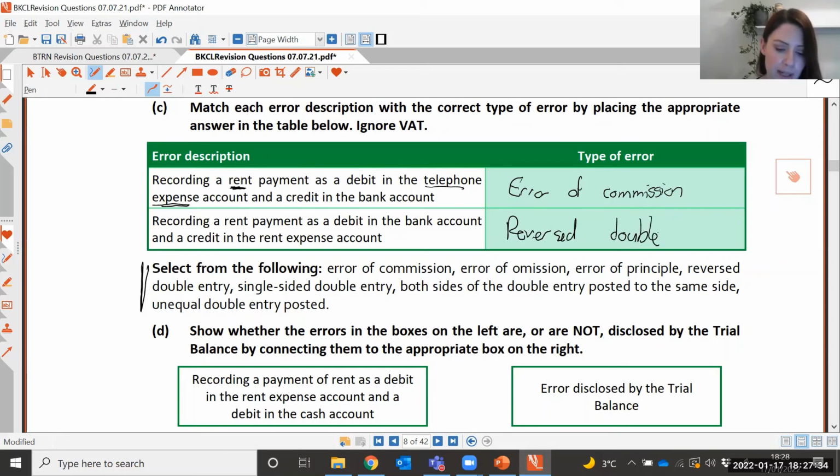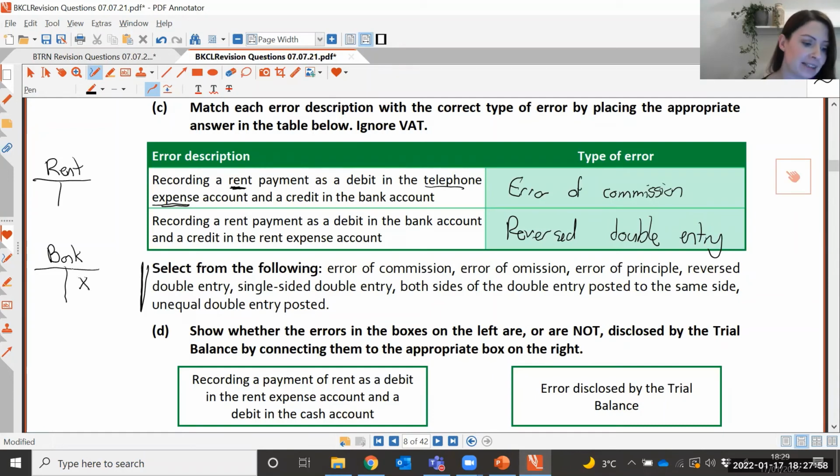I'll just show you why. Okay, so if we draw two little T accounts, so a rent account and then it's bank. So when we make a rent payment, the money will be taken out of the bank. So the asset of cash in the bank is going to decrease.